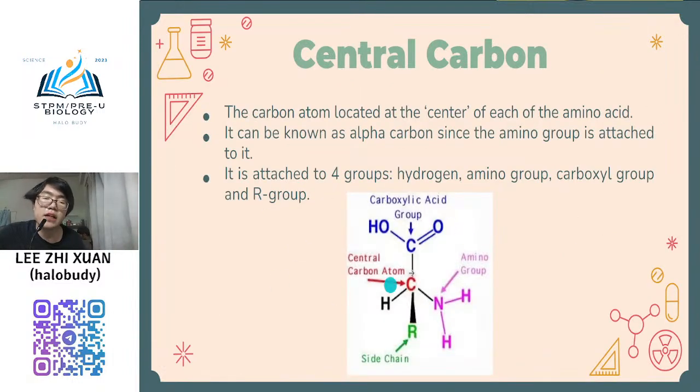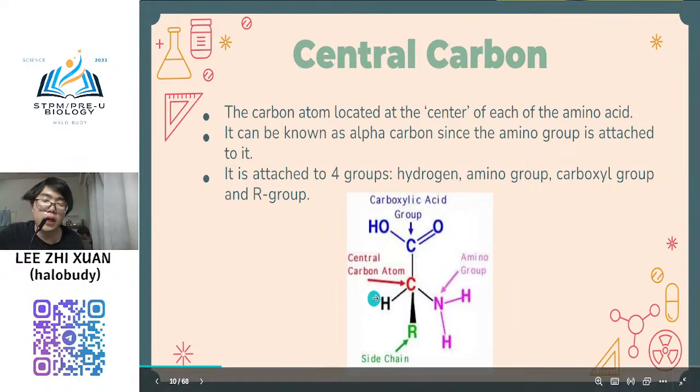So this is the central carbon. It is located at the center, and the carboxylic acid group, hydrogen atom, R group, and amino group are bonded to it to form the alpha carbon.